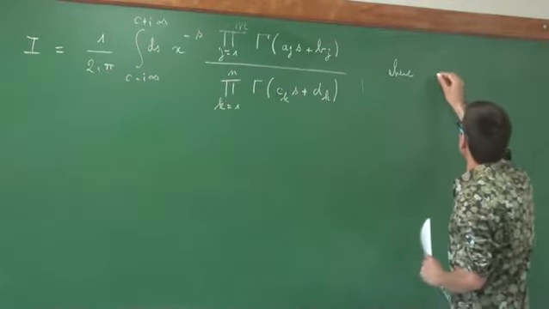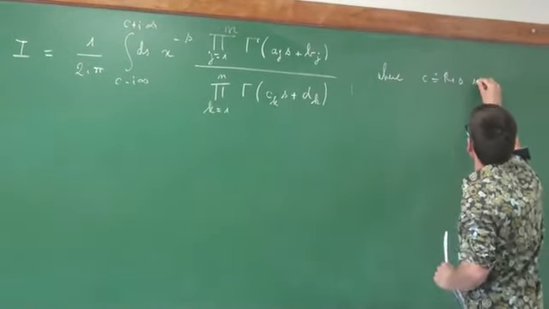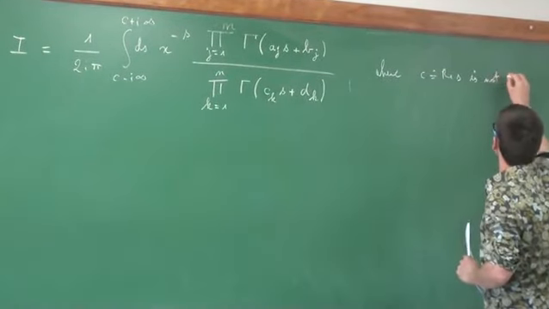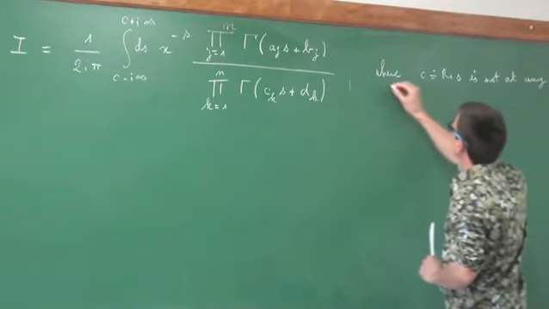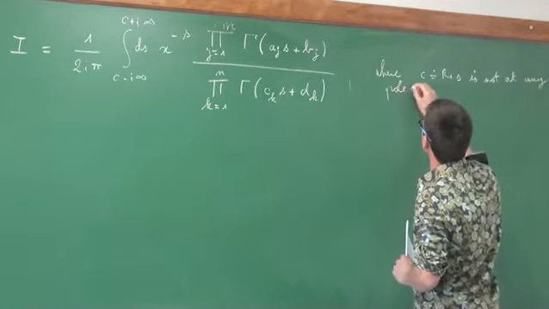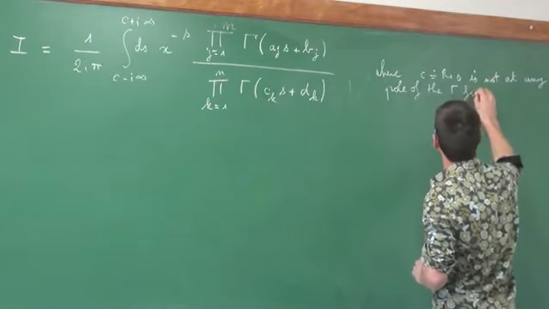Okay. So c, the real part of s, is not at any pole of the gamma functions.